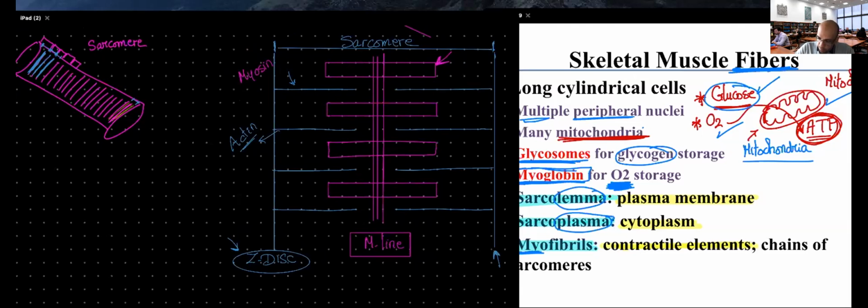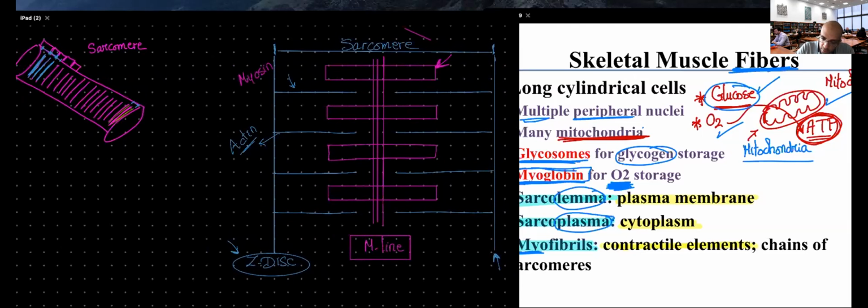Looking at the relationship between the thick filaments and the thin filaments, you see on here there are portions of the thick filaments that are not covered with thin filaments. We call this my H zone. What is the H zone? It's the zone where the thick filaments are not covered with thin filaments.